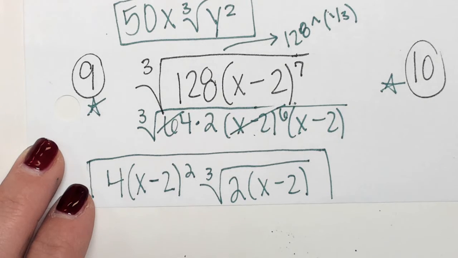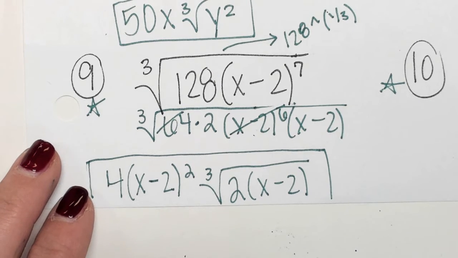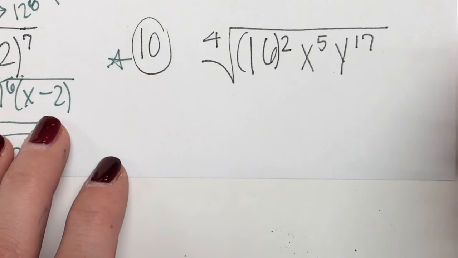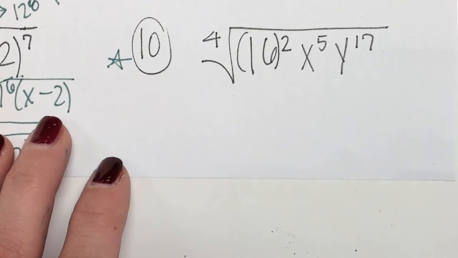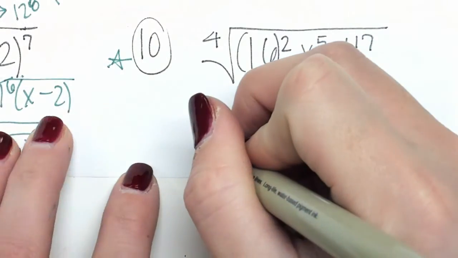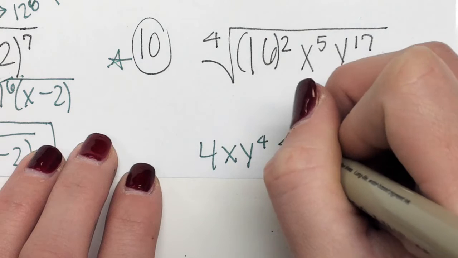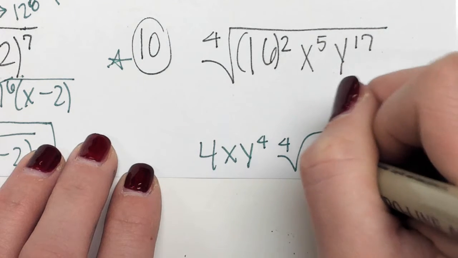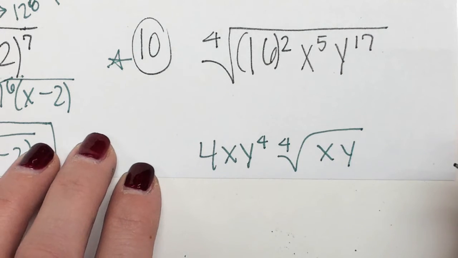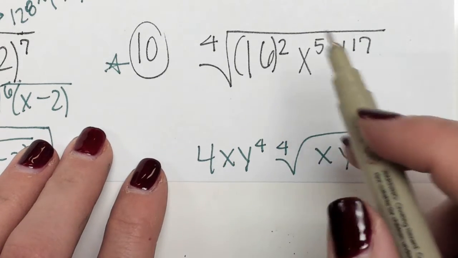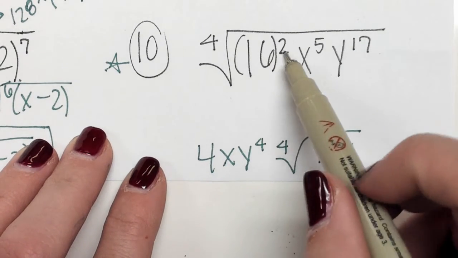Alright. Anybody want to tell me their answer for number 10? Go ahead. Oh no, Toby, you told me the last one. Go ahead, Connor. 4xy to the 4th, and then 4th root xy. What do y'all think? Did y'all have the same thing? Alright, this one's good. Let's go over this one. There's 2 ways you can do this 16 squared.